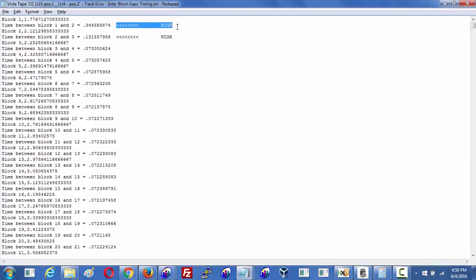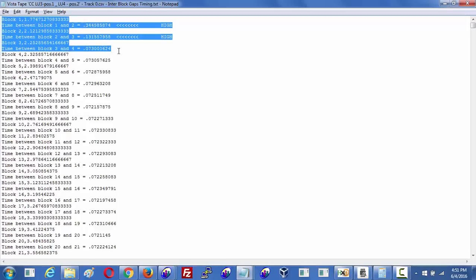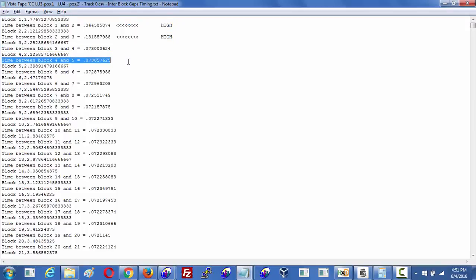Now, this is actually expected because these interblock gaps or inter-record gaps are not as consistent as the documentation would lead you to believe. There are variations when we're dealing with file marks. Not only do we have blocks of varying size, where the first and the third blocks are 8,192 bytes, as opposed to the rest of them, which are 4,096 bytes, but also the gaps when they come to a file mark are different.